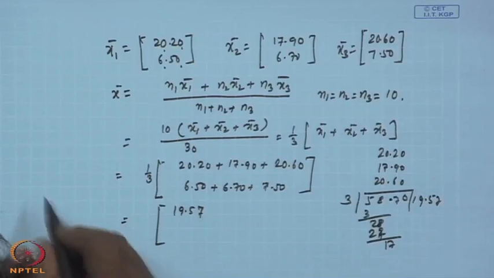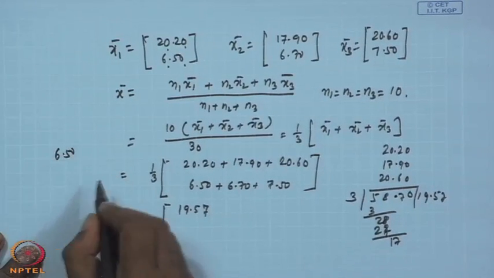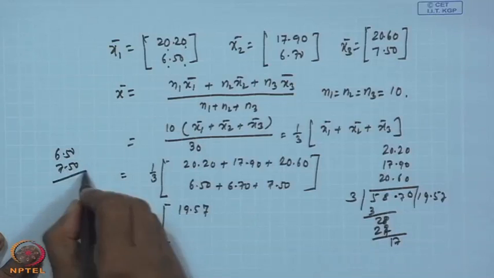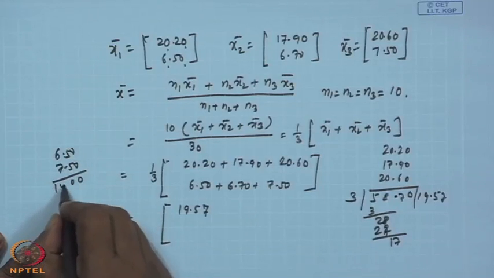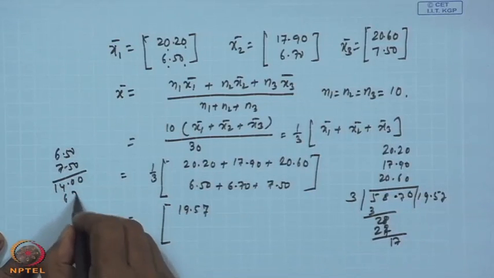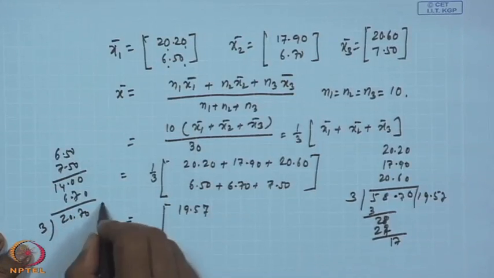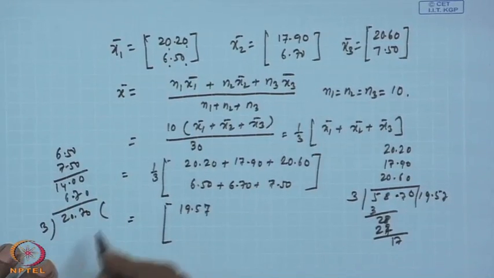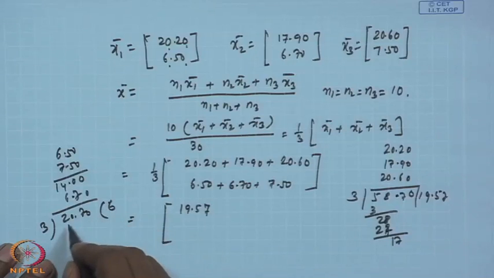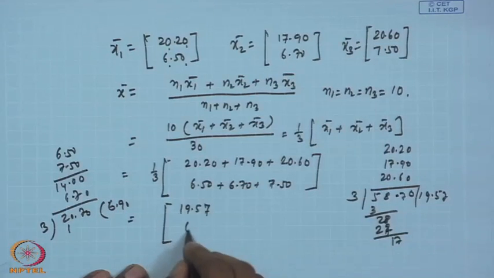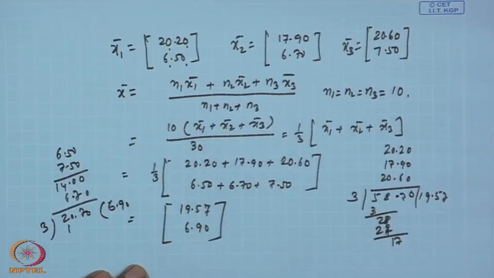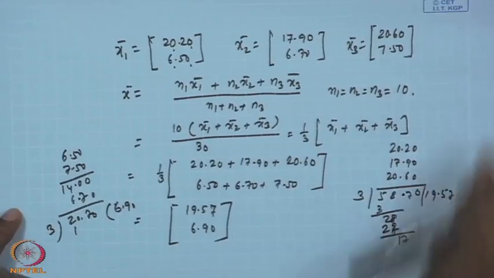And the second one will be 6.5 plus 7.5, this is 14, plus 6.70, this is 20.70, divided by 3. Okay. So, this will be 6.90.